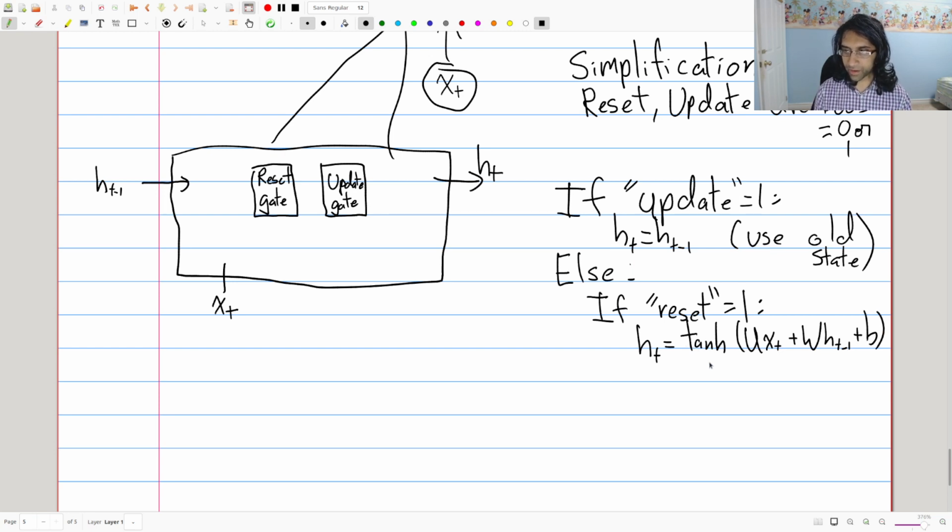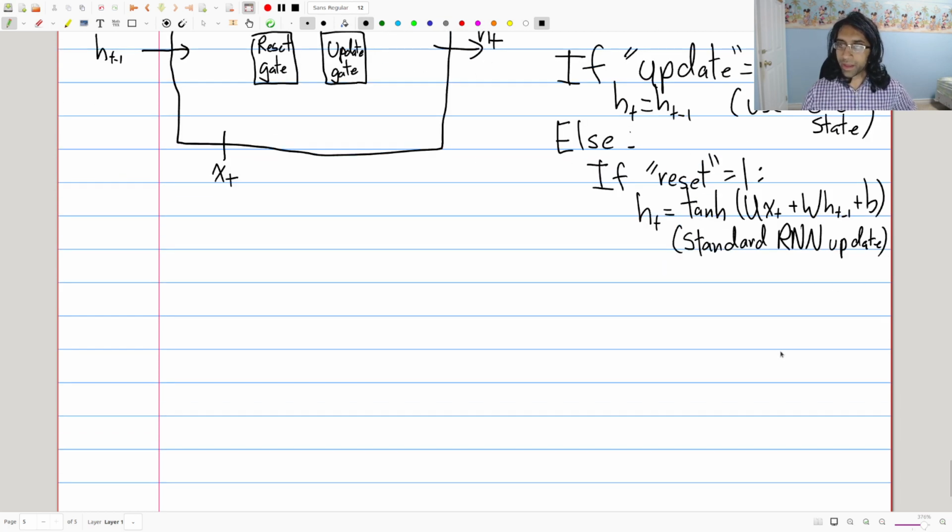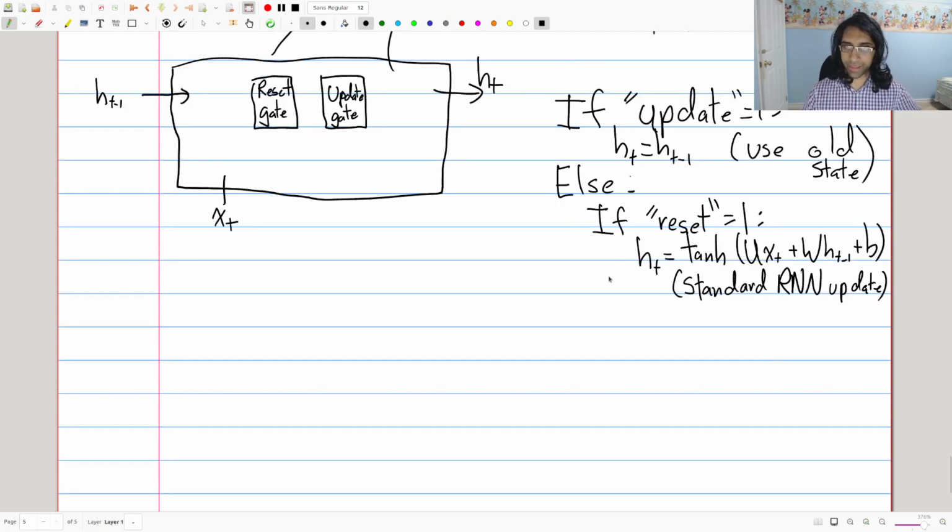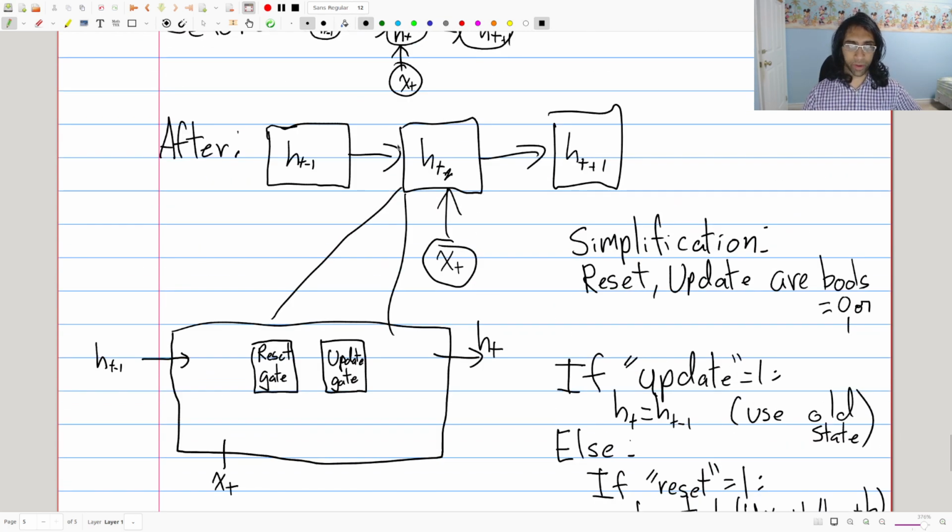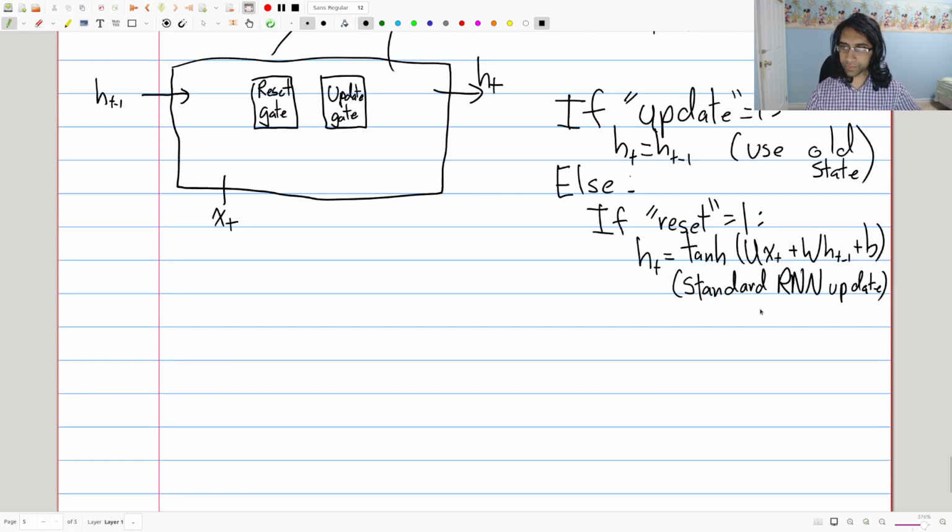So this here should be very familiar to you. This is just a standard RNN update. It's just going back to the basics, what we had here.